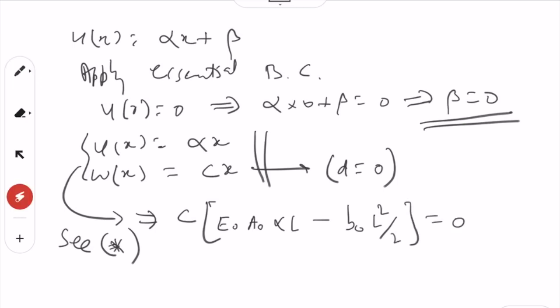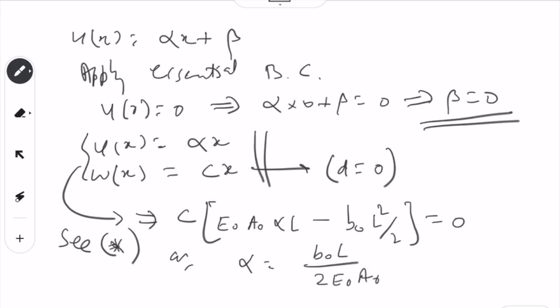So when d equal to 0, we have only one equation like this one, there is no d term coming, because d is 0, so all becomes 0. Or we can write alpha equal to B naught L over 2 E naught A naught, and that tells you that u x equal to simply B naught L over 2 E naught A naught x.